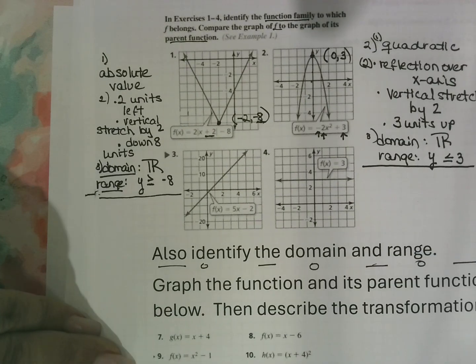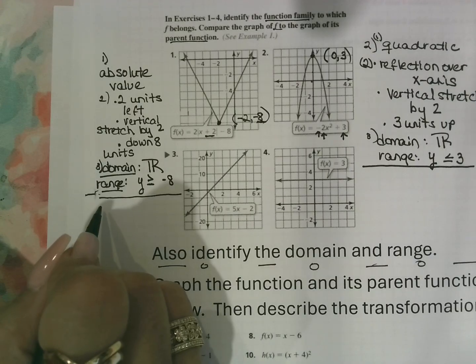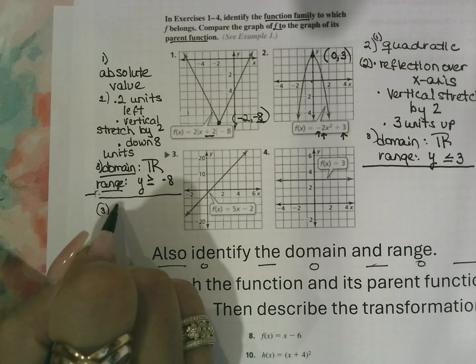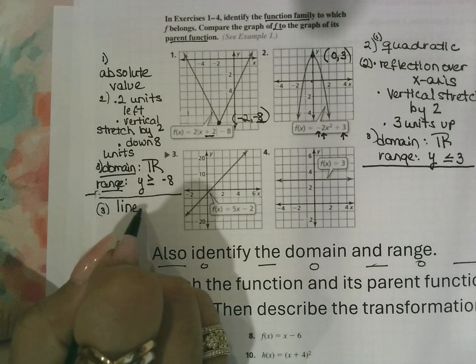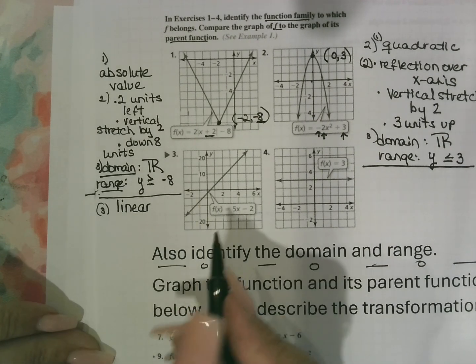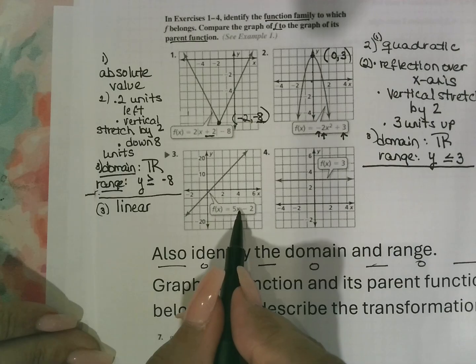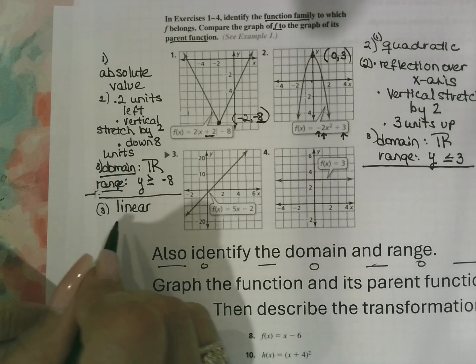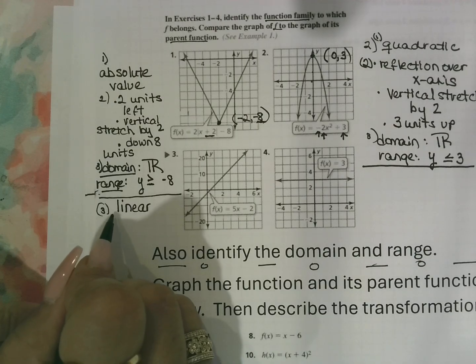Part 3, this guy, obviously a linear function. It has an x variable to the first power, so it is linear. And this is the first part.